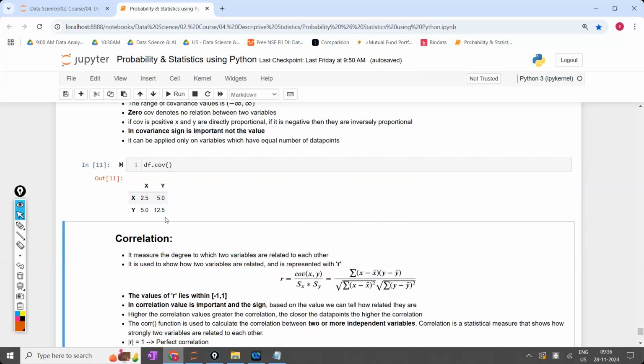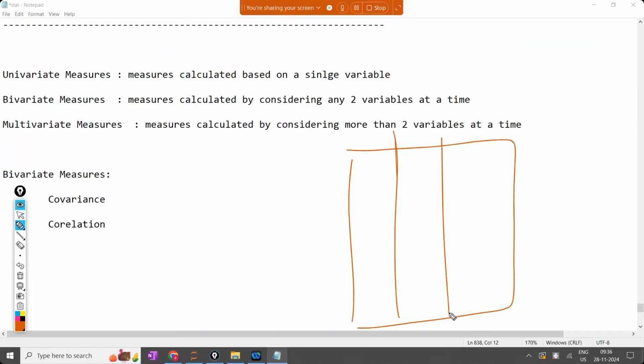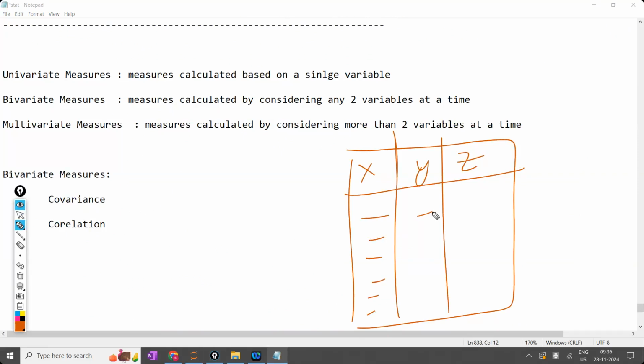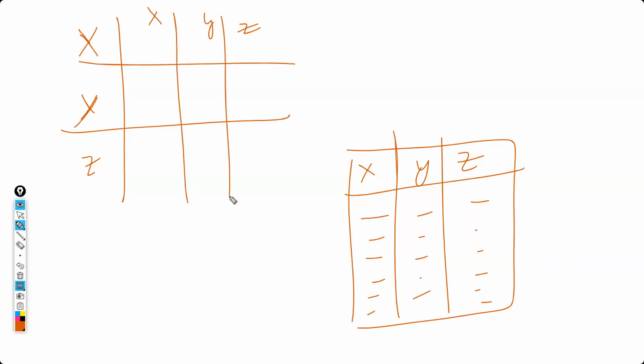Now, sir, bivariate measures means you told us we have to consider 2 columns. For example, in the given data set we have 3 columns, x, y and z. How do we calculate covariance? Covariance cannot be calculated on multiple variables at once; it is calculated by considering 2 variables at a time. So if 3 variables are there, x, y, z, you have to create a 3 by 3 matrix.